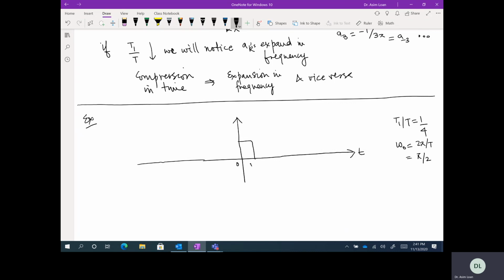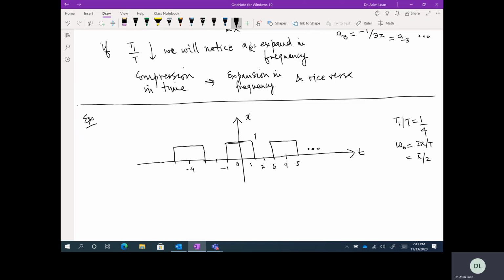So 0, 1, 2, 3, and 4. So it's like this. And 0, minus 1, 2, 3, 4. So minus 4, plus 4, and 5 goes on here.